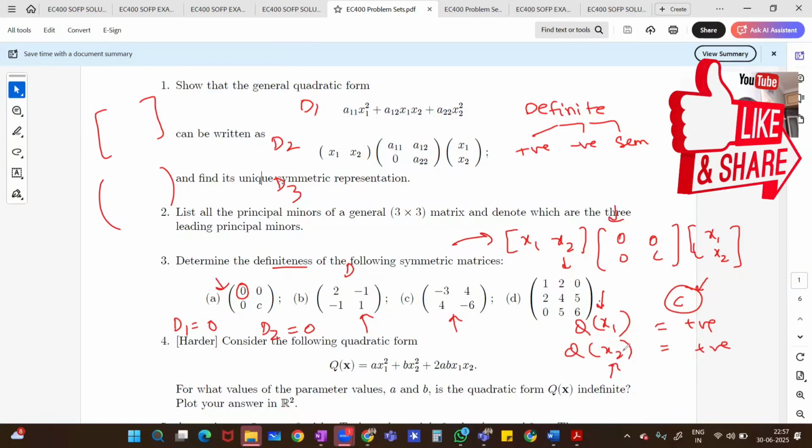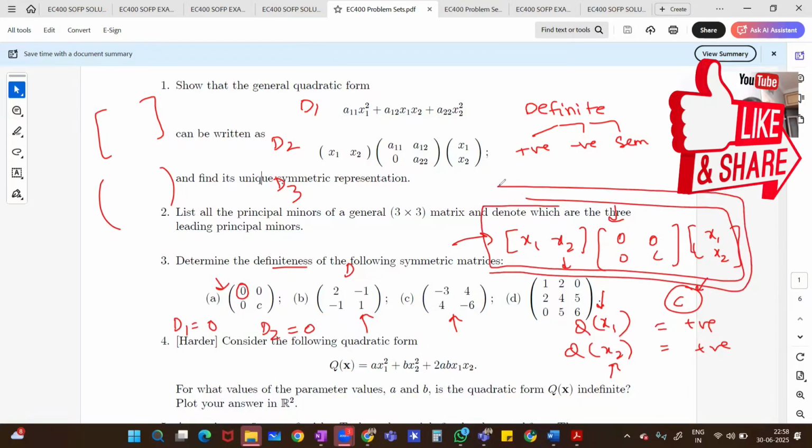So try doing it. I'm hoping that we are clear. But as you mentioned, B and C are not symmetric. How do we correct? So for B and C, you will do this way.